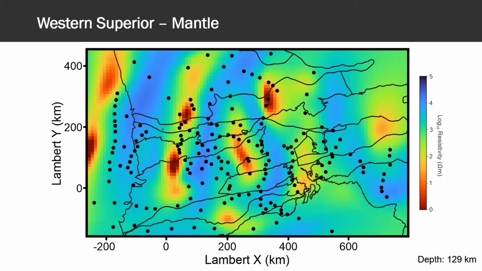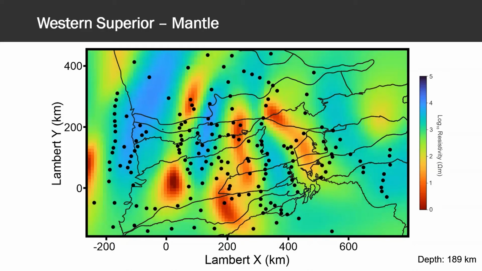The north-south extent seems to be largely controlled by the Quetico subprovince to the south, and the North Caribou to the north, although with the exception of this one feature here. Although I will say, without going into too much detail, that we don't have a lot of good data in the North Caribou to really constrain it, and the data that we do have doesn't really support the extension of this linear feature that far into the Craton core.